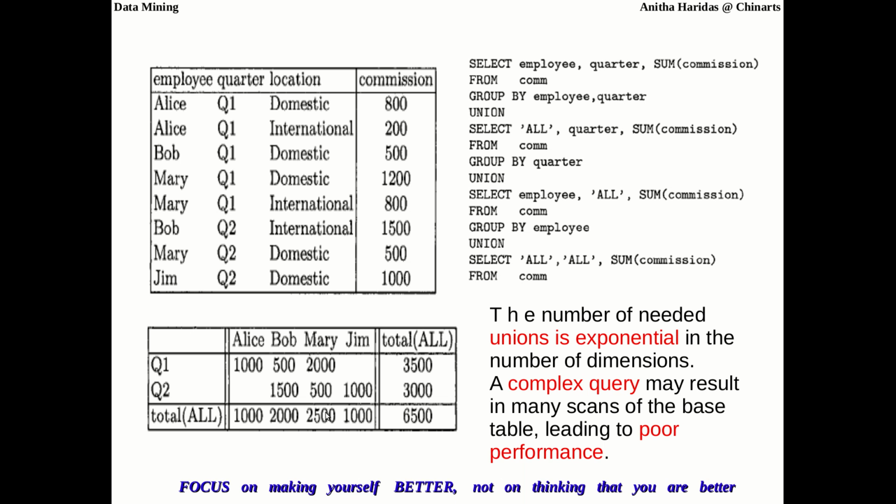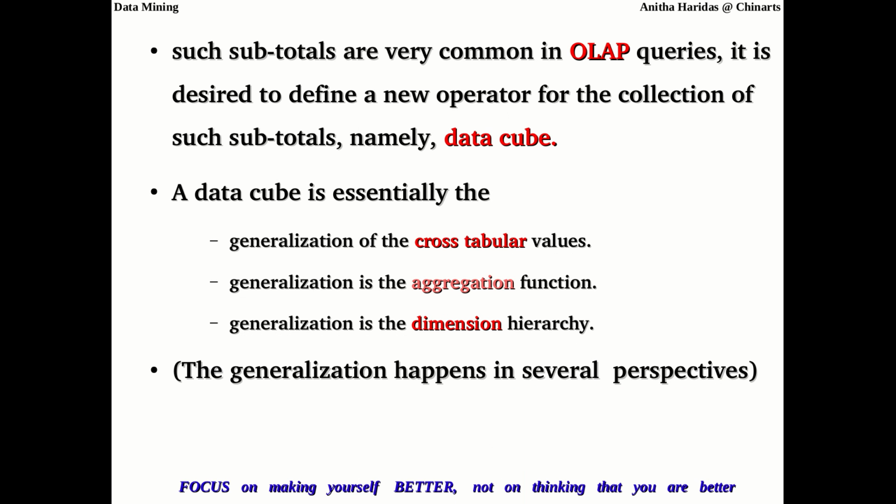If it is sales based on the amount, then the sales amount for each quarter will be stored. So that becomes the subject of your data warehouse. You choose a particular subject, and for that subject, the different dimensions available will be stored as subtotals in the data cube.